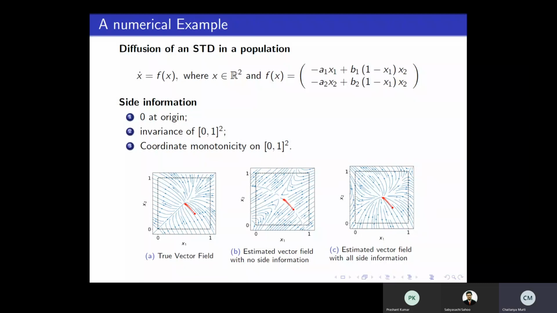I know that maybe it'll be monotonic in this range. Maybe this set will be invariant. Maybe the vector field is non-negative on this set, that kind of thing. This information I know, because I've seen it, I've observed it. So this is the thing.